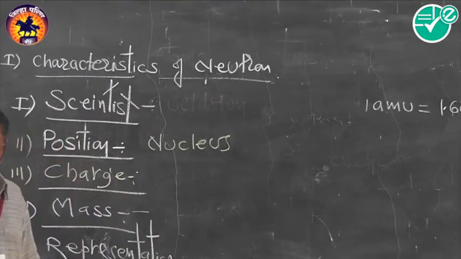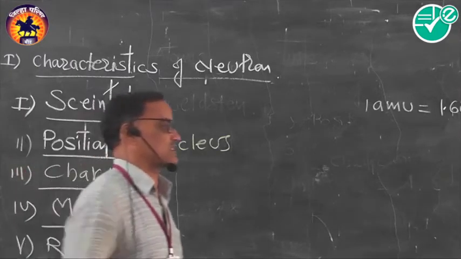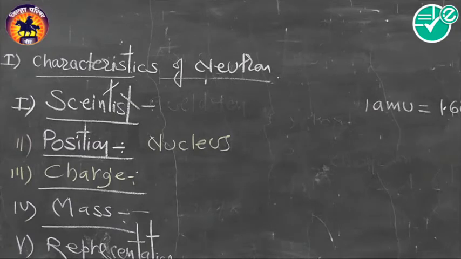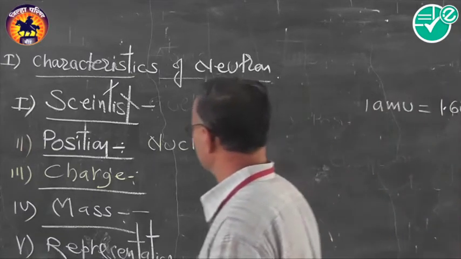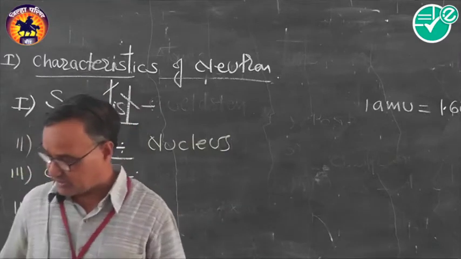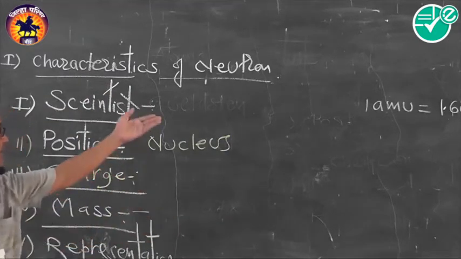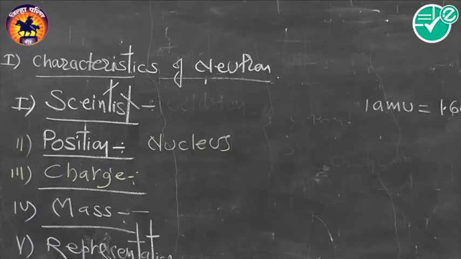So atomic mass number is the number which gives the summation of protons and neutrons present in the nucleus of an atom.